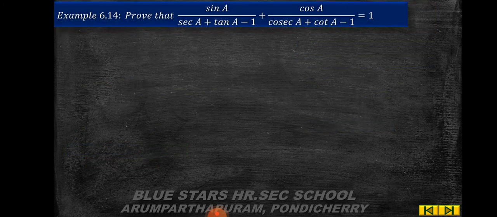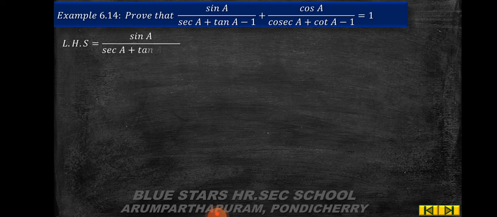Example 6.14. Prove that sin A divided by secant A plus tan A minus 1 plus cos A divided by cosecant A plus cot A minus 1 is equal to 1. So first we have to take the left hand side.